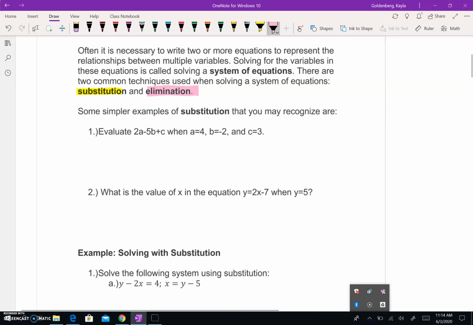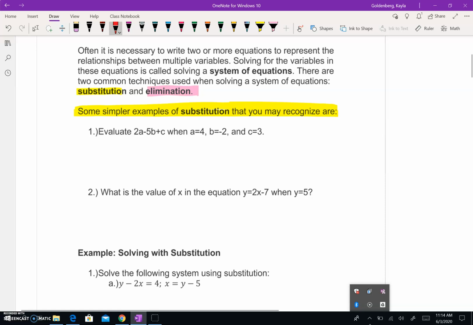And just before we look at solving a system, here are some simpler ideas of what you might think of as substituting something. And I like to think about this as in sports, when we substitute for a player, what that means. So here's a really easy example of substitution. Evaluate 2a minus 5b plus c when a is 4, b is negative 2, and c is 3.